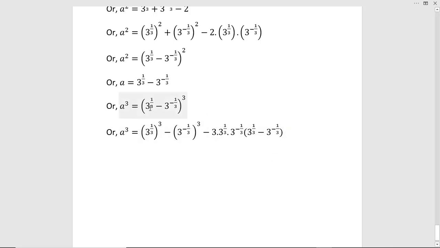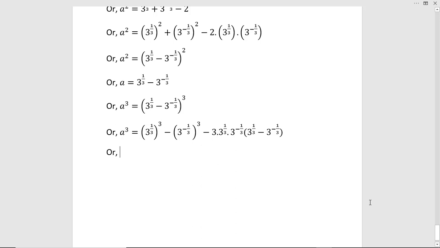This was the formula: a minus b whole cube equals a cube minus b cube minus 3ab into a minus b, that is 3 to the power 1 by 3 whole cube minus 3 to the power minus 1 by 3 whole cube minus 3 to the power 1 by 3 into 3 to the power minus 1 by 3 into 3 to the power 1 by 3 minus 3 to the power minus 1 by 3.